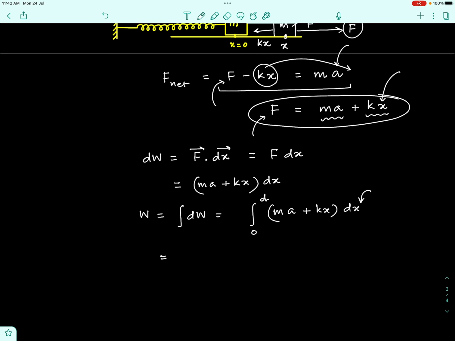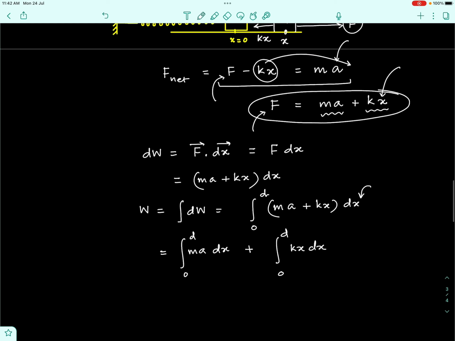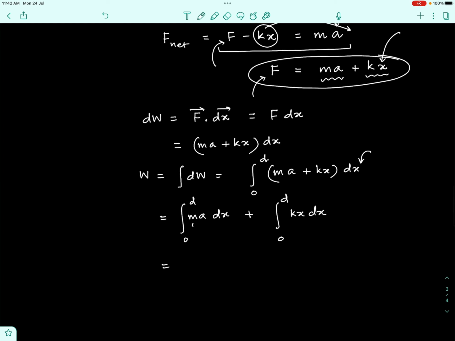So we can open up the bracket to get the integral of ma dx from 0 to d, plus the integral of kx dx from 0 to d. Integrating both, ma being a constant will stay as it is, and the integral of dx will be simply x from 0 to d, plus the integral of x dx will be x squared by 2, so k into x squared by 2, 0 to d.